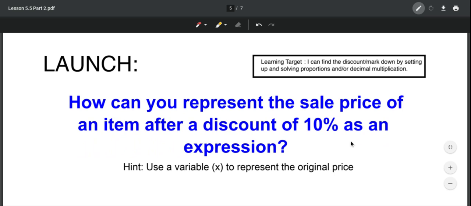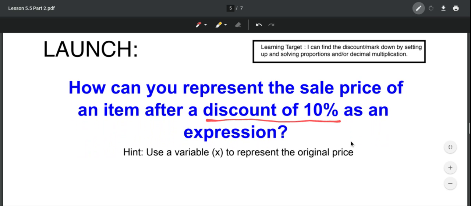How can you represent the sale price of an item after a discount of 10% as an expression? We're going to use the variable x to represent the original price.